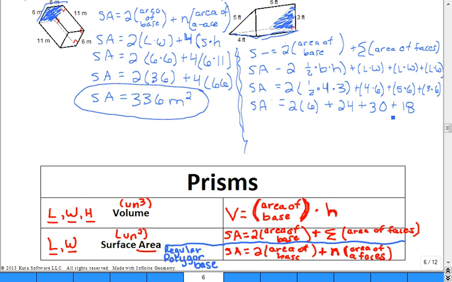And when I add all of those together, I find out that my total surface area is equal to 84 feet squared. The total surface area is 84 feet squared.